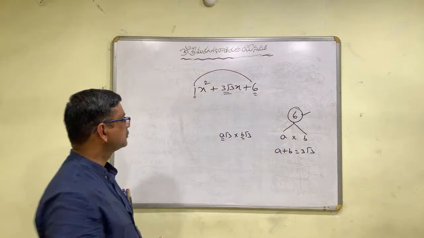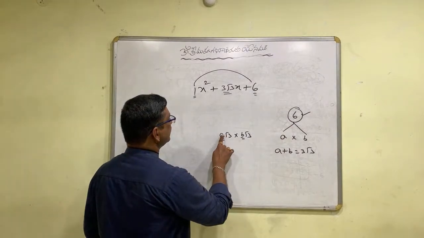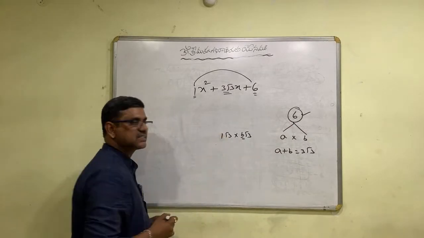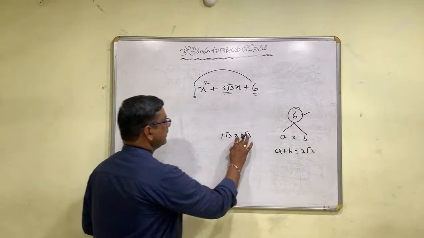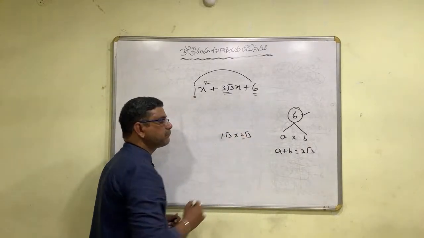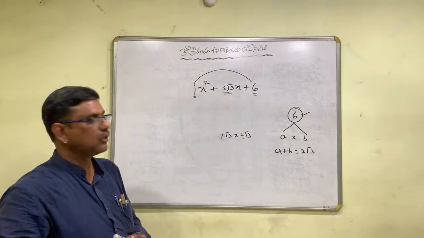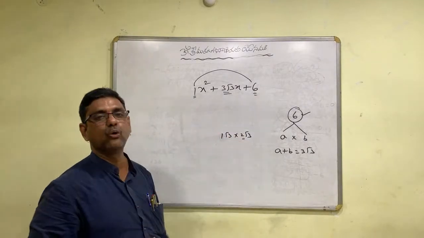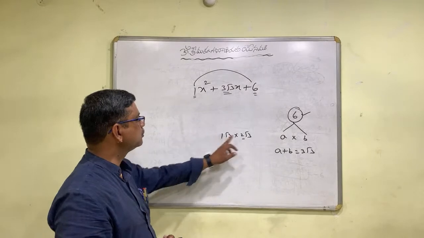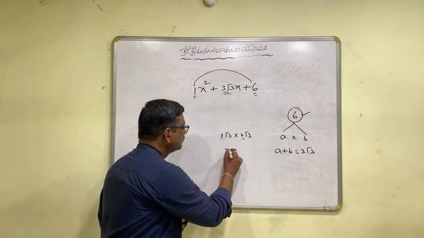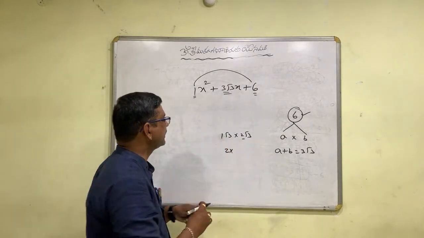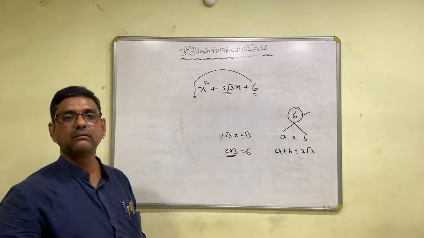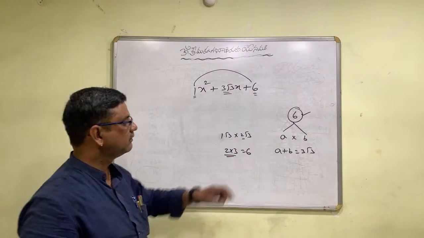So I will keep 1 in the place of a and 2 in the place of b. Now you multiply this: 1 root 3 into 2 root 3. 1 twos are 2. Root 3 into root 3 is 3. 2 threes are 6. Did you understand?